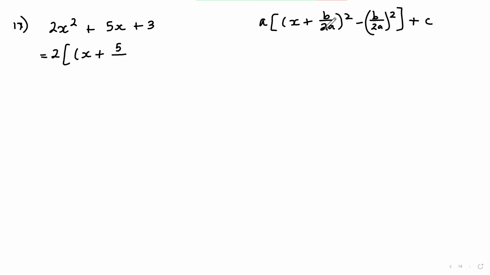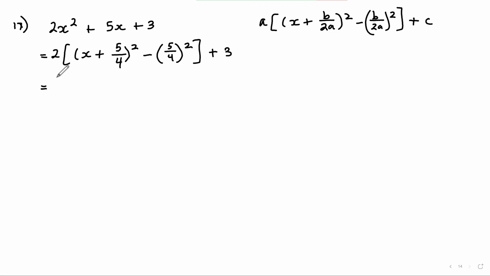No, what is a, honey? A is 2. So b over 2a. If a is 2, then 2a would be 2 times 2, which is 4. So 5 over 4 squared, minus 5 over 4, plus 3. Yes.